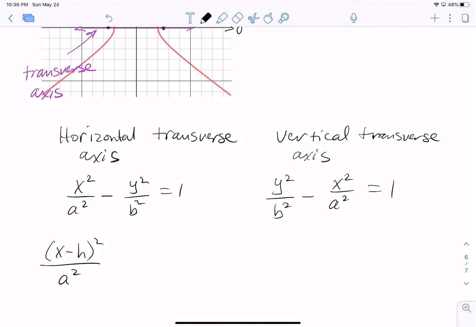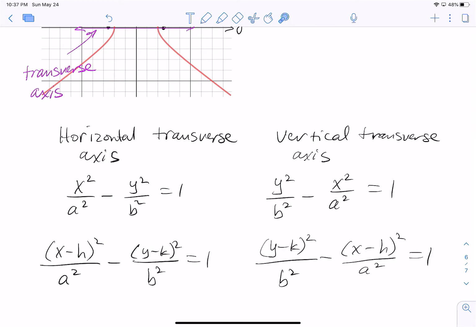So x minus h, the quantity squared, over a squared, minus y minus k, the quantity squared, over b squared is equal to 1. Likewise, for the vertical transverse axis, notice again that k is associated with y, h is associated with x.